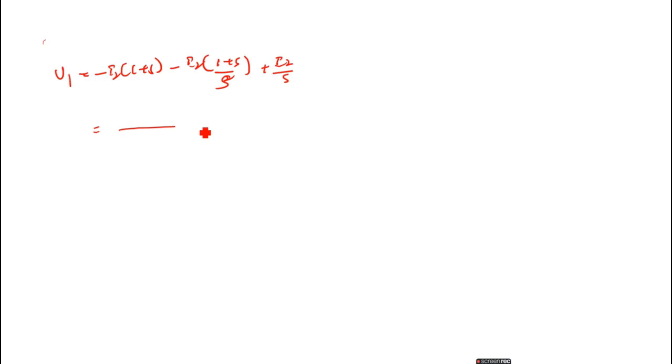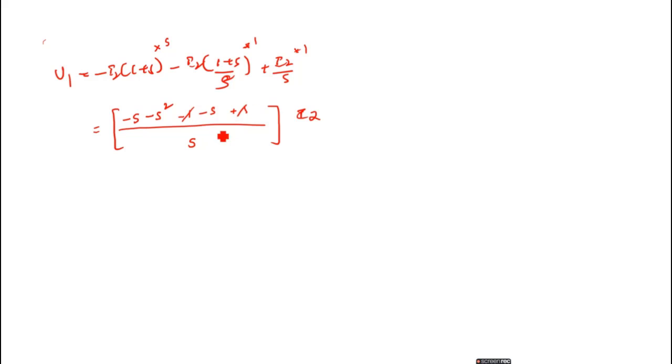Alright. So what is LCM and what is common? Common is I2, LCM is S. This term is multiplied with S. We will get S plus S square, and it is multiplied with the minus sign, so minus S minus S square. This term is multiplied with 1 and this term is multiplied with 1, and I2 is taken common. Now we will get minus 1 minus S plus 1.